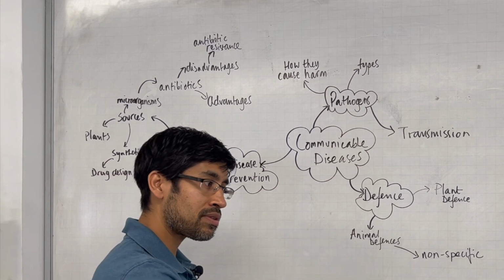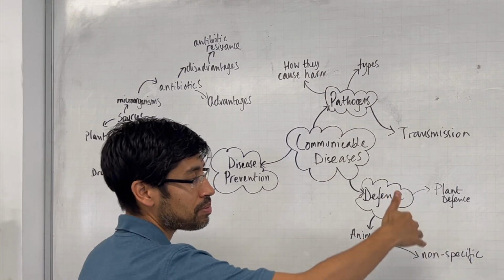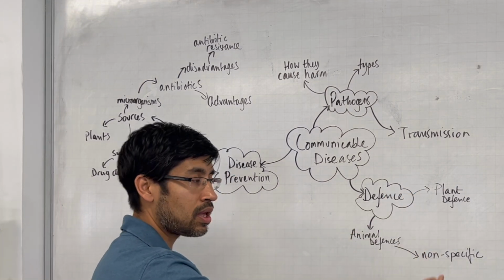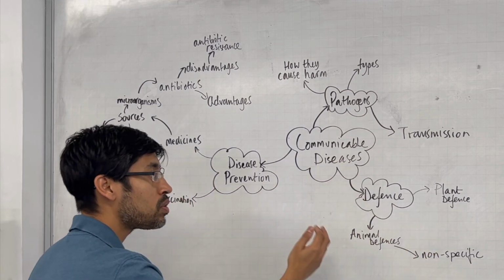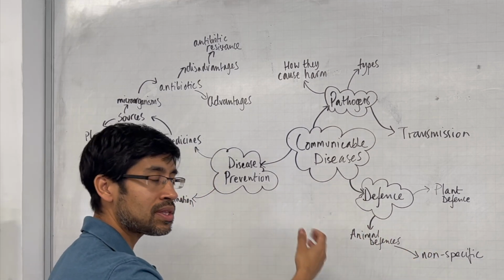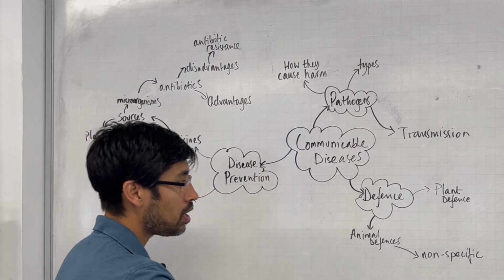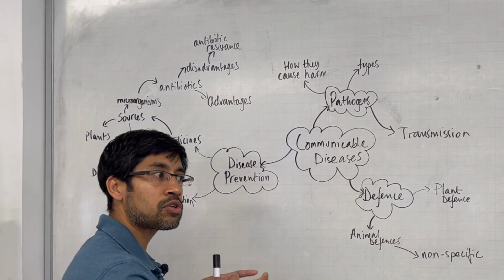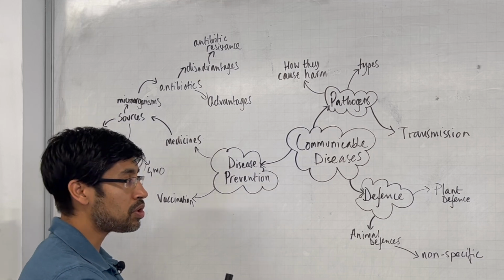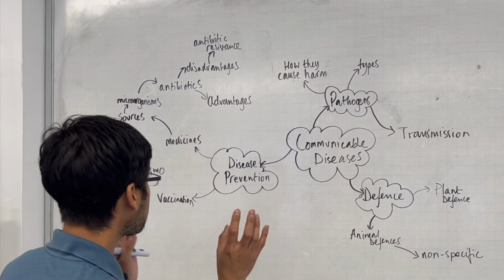So the pathogen has got through the non-specific defenses somehow, and now within the blood, within the tissues, within the cells, the defenses will try to remove that pathogen from the body, and how that happens.